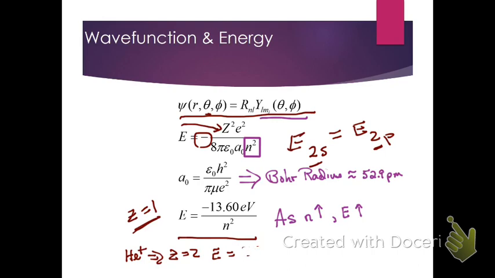In general, it's going to be Z squared, but in this case, it's going to be negative 2 squared times 13.6 electron volts divided by n squared. So if we want to calculate the energy corresponding to a 1 electron system, we're just going to take the atomic number and square it and then multiply it by this.